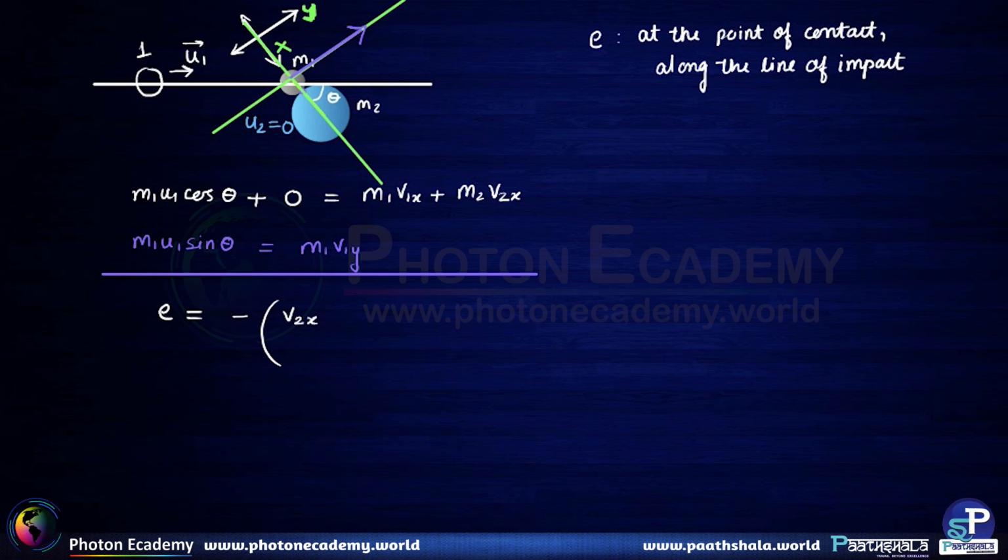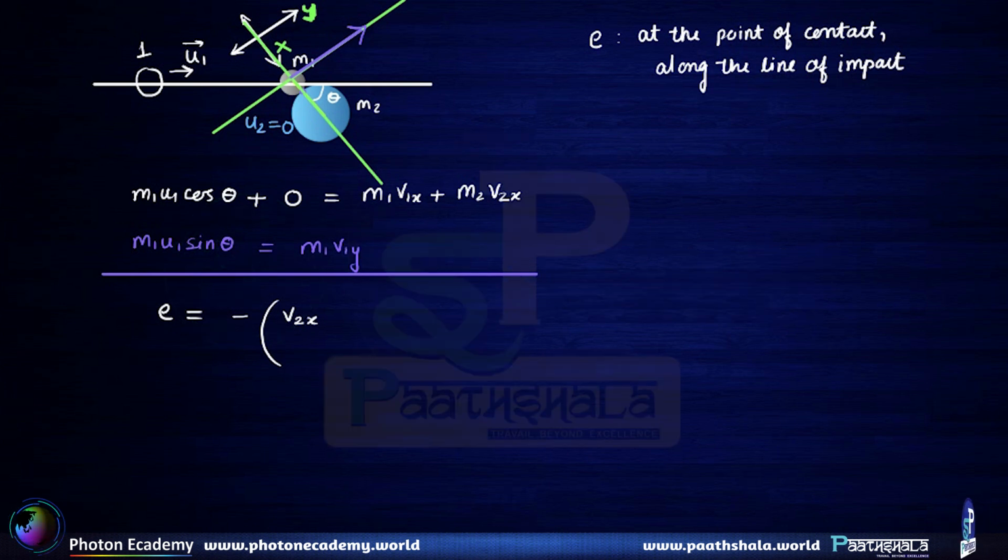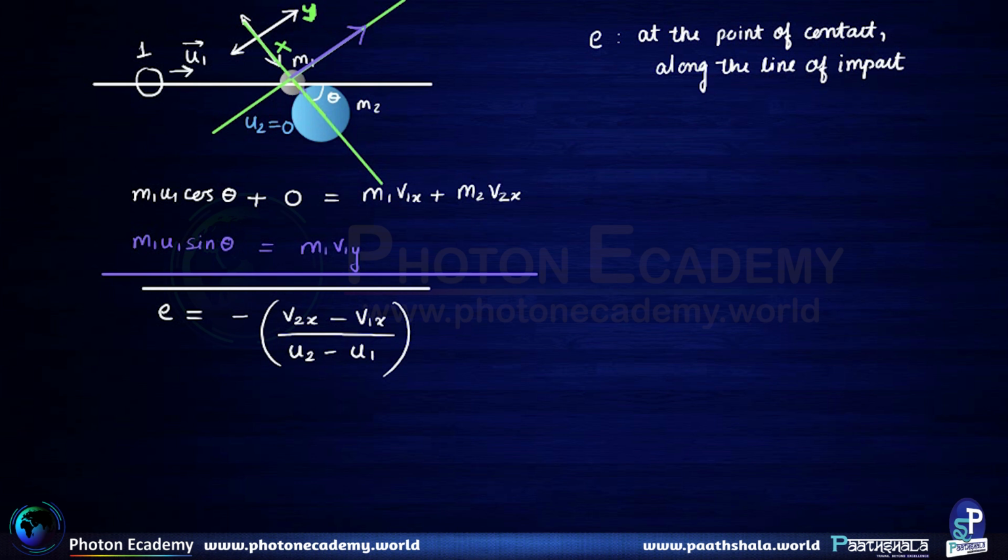So V2x is the velocity of mass 2 along the line of impact. So it is V2x minus V1x upon U2 minus U1. Basically this is the equation of coefficient of restitution applied at the point of contact along the line of impact.